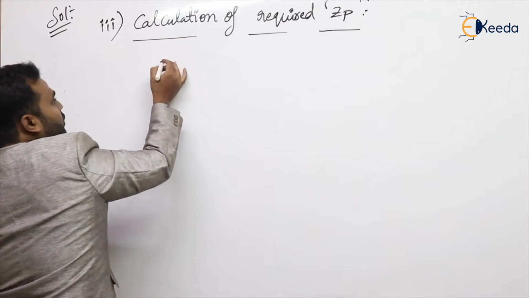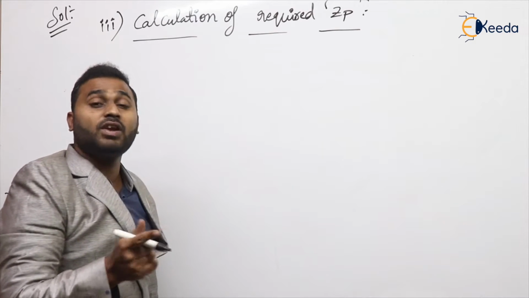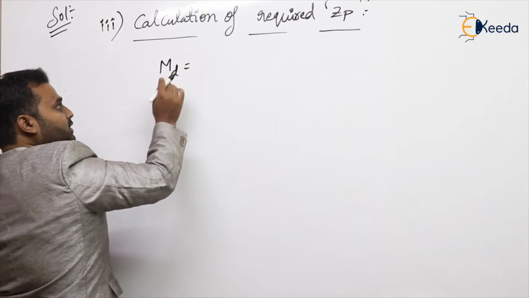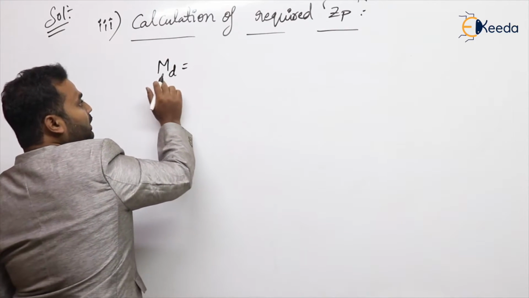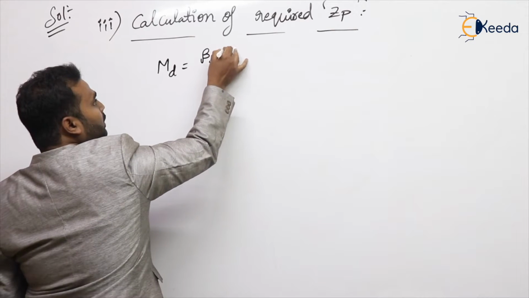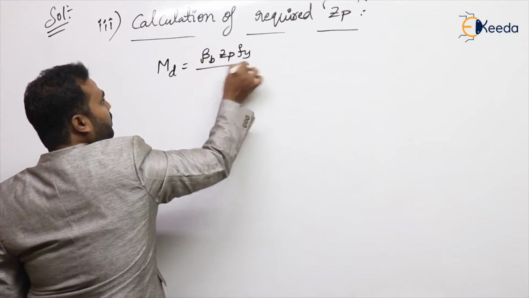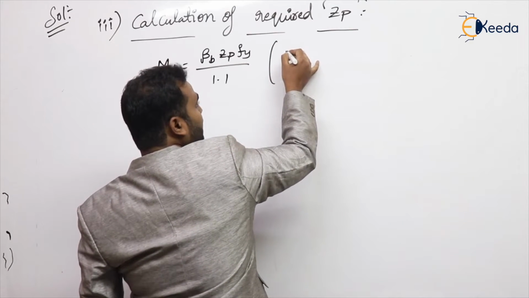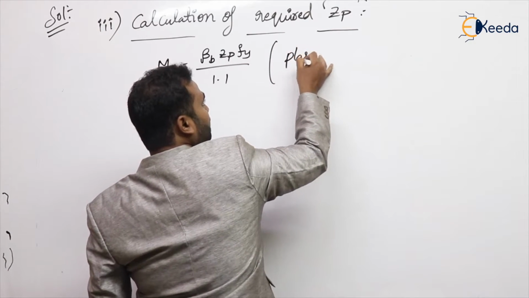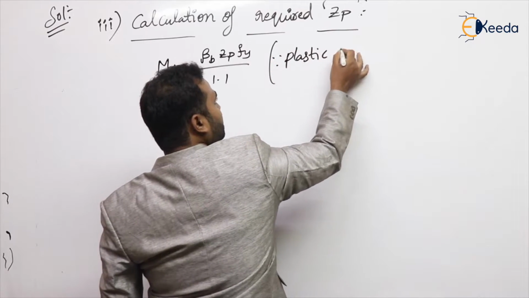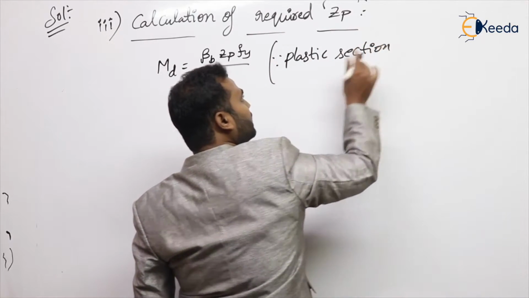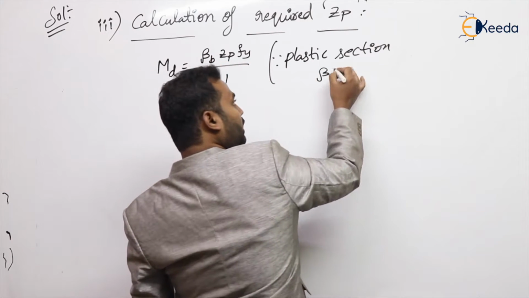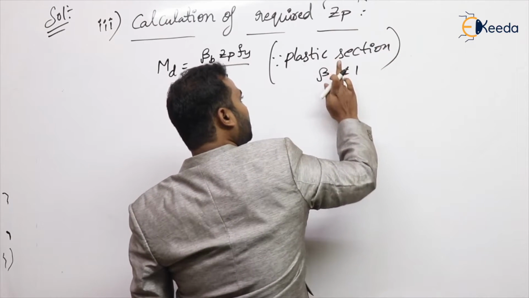As we know the formula for design flexural strength. What is the formula for design flexural strength for a plastic section, or for any section when it is laterally supported? That is MD is equal to beta B ZP Fy by 1.1, or gamma m naught, one and the same. Since the given section is plastic, beta B comes out to be 1.